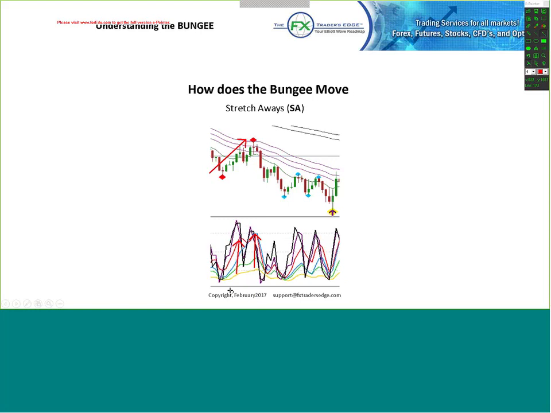And the green and the yellow have stayed low. In fact, the yellow has stayed almost most of the time in the lower reversal zone.